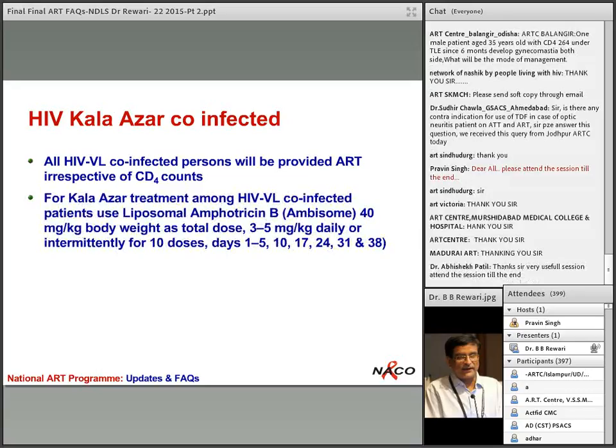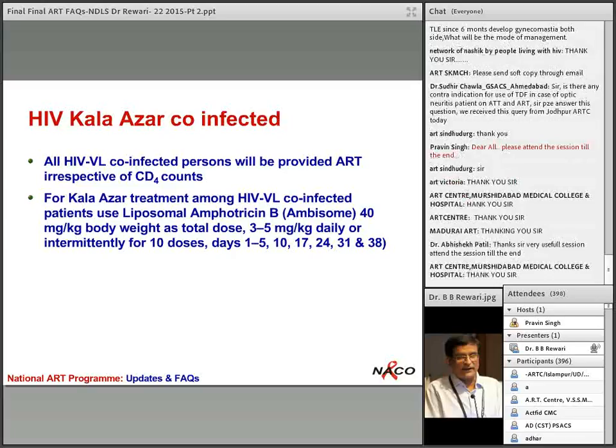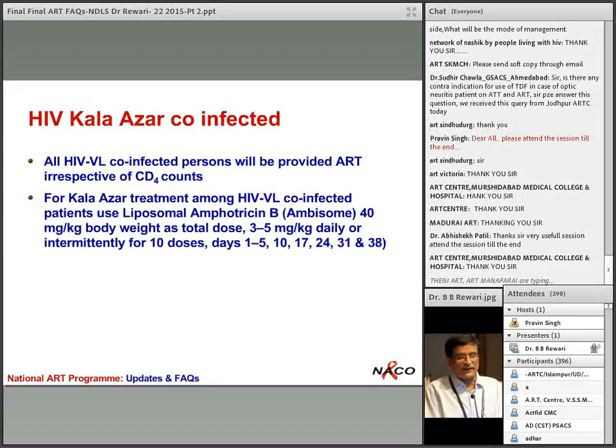So it has been decided that for Kala Azar treatment among HIV visceral leishmaniasis co-infected patients, liposomal amphotericin B 40 mg per kg body weight will be used in different doses. That will be 10 doses, day 1 to 5, 10, 17. This will be provided by the National Vector-Borne Disease Control Program.